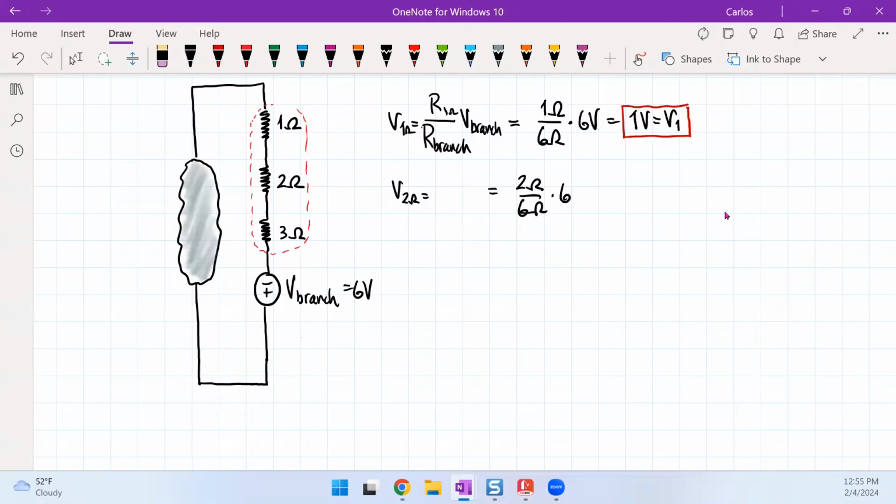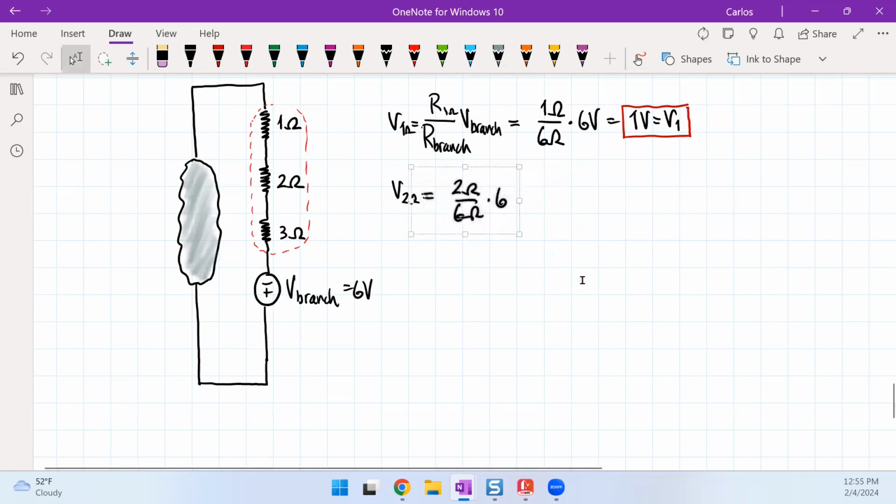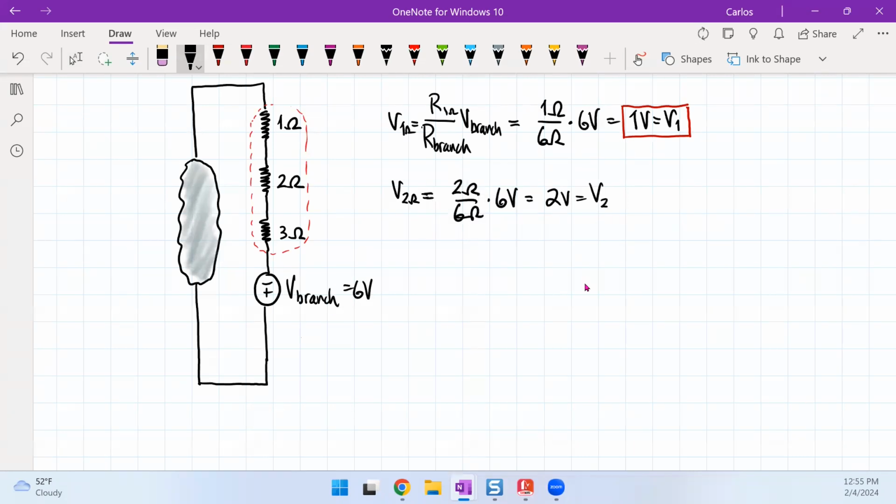So then if I start doing the exact same thing for the 2 ohm resistor, then you can see here is that I'm really having something like this. So then just instead of keep writing it, this will then be 2 volts, and that's the voltage of the 2 ohm. And if I get the 3 ohm, this will then be 3 ohm divided by 6 ohm times 6 volts, and that's going to give me 3 volts.